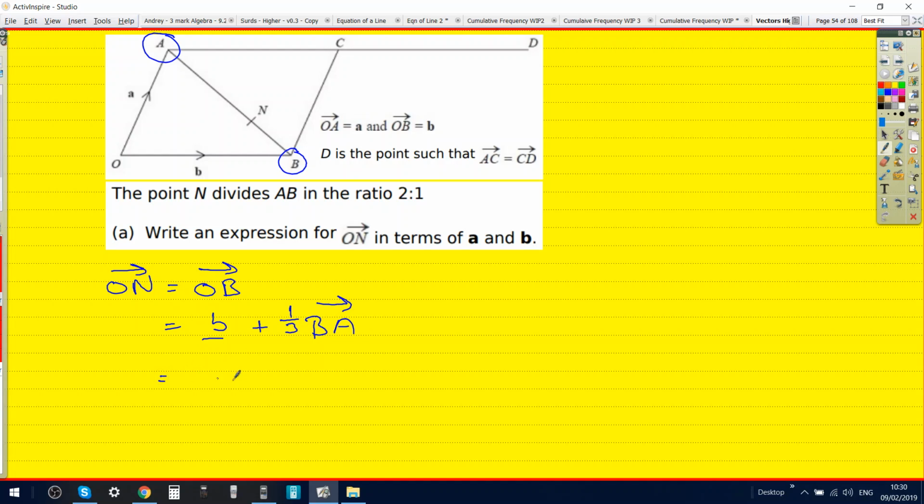Okay. So would it just be B plus 1/3 of BA? Now, what is BA in terms of little a and little b? Is it A plus B? So start at B, go to A. Oh, okay. So it's minus B plus A. Yeah. So B plus 1/3 of minus B. What is that?